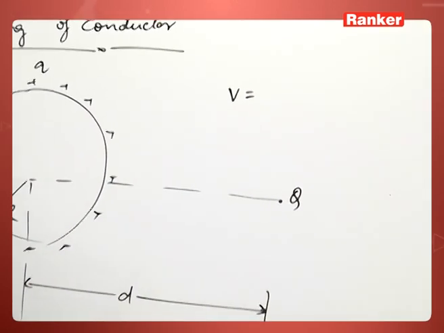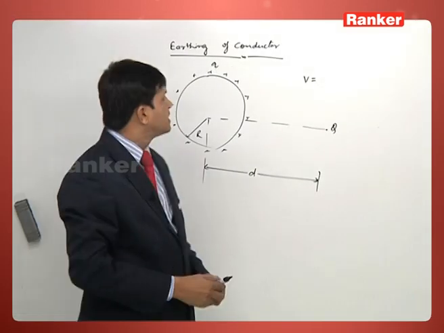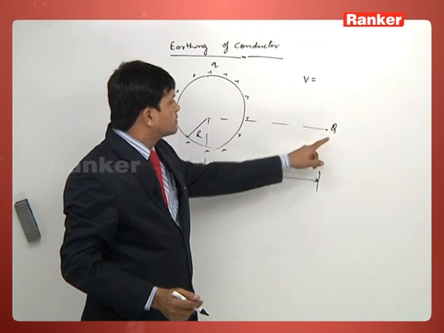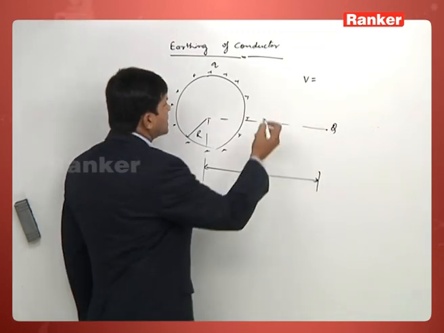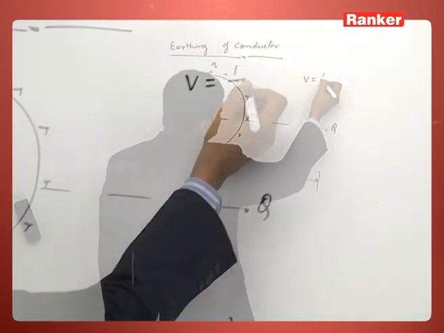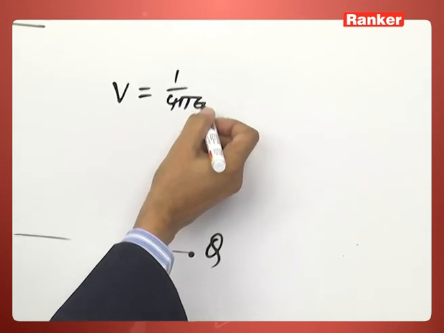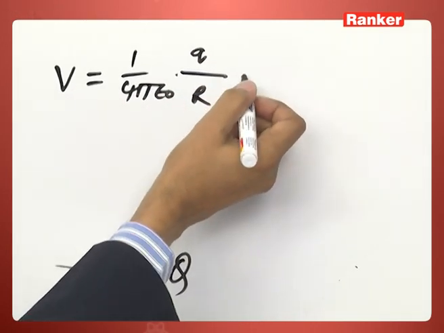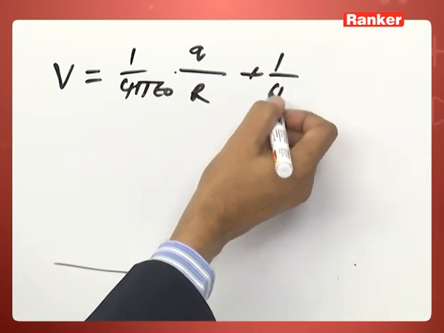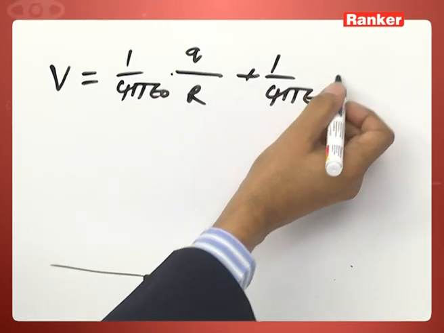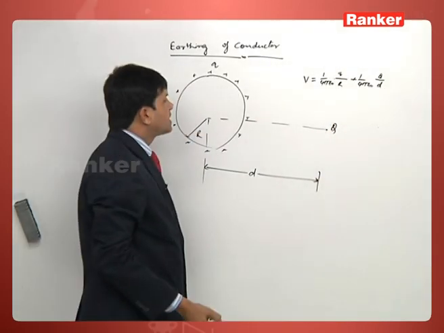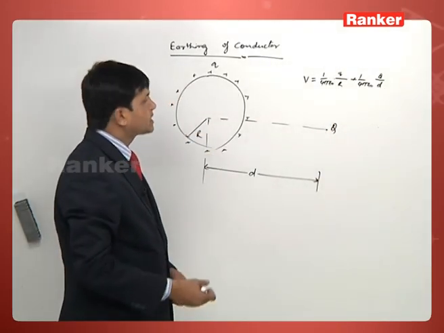potential due to all charge present in the space. So one charge is this q, another charge is capital Q. So the net potential is the potential due to this charge, 1 by 4 pi epsilon naught q by R, plus 1 by 4 pi epsilon naught Q by D. This is the potential on its surface.